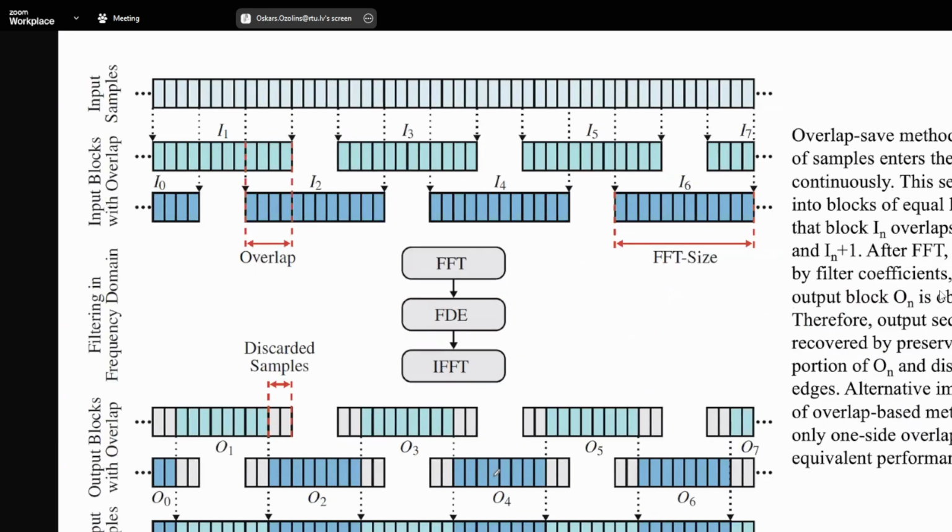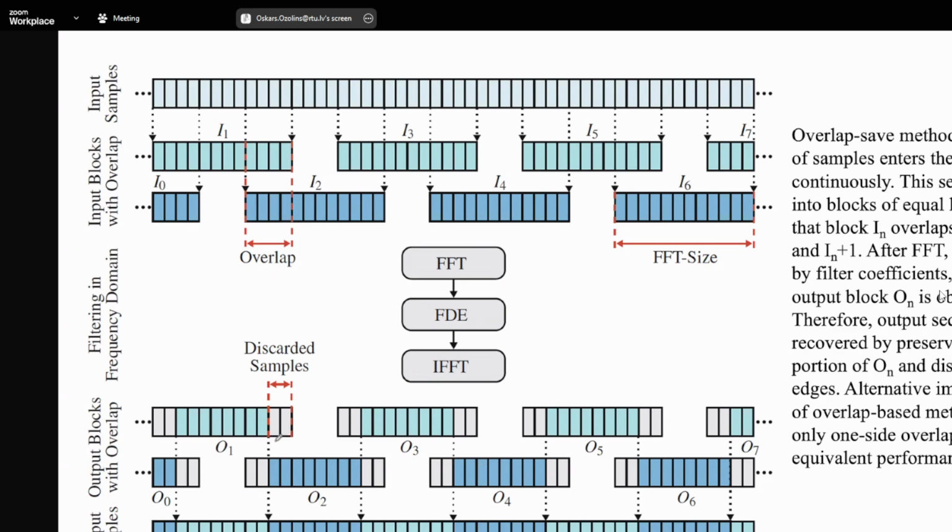Here is an example of the overlap and save method. I will not go too much into detail, but you really do need to do this compensation in a specific way. When you do the Fourier transform, you do equalization, then you do the inverse Fourier transform, and then you need to combine these blocks together.